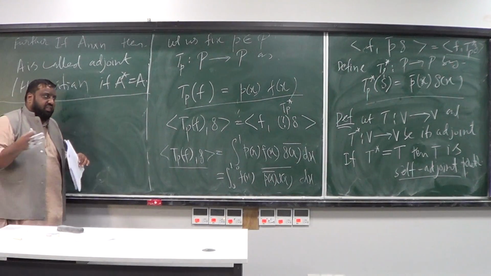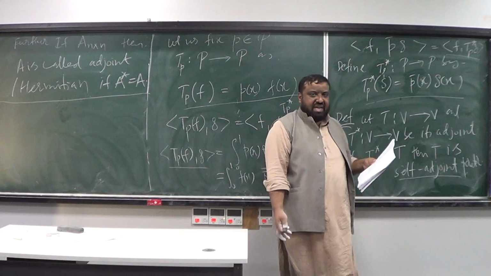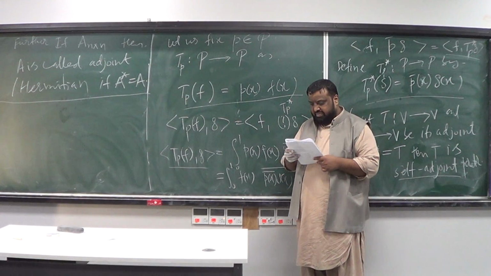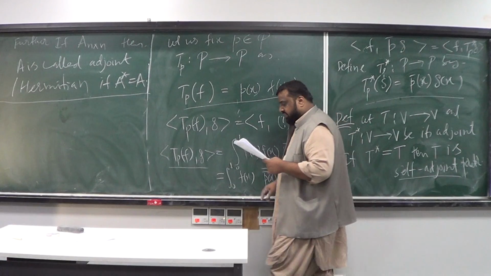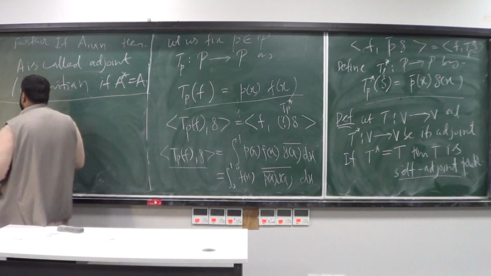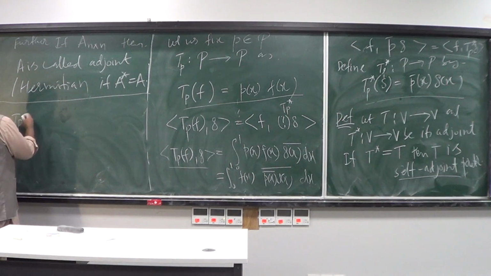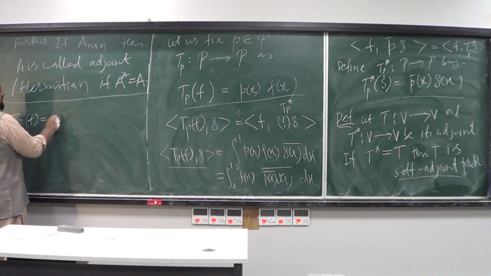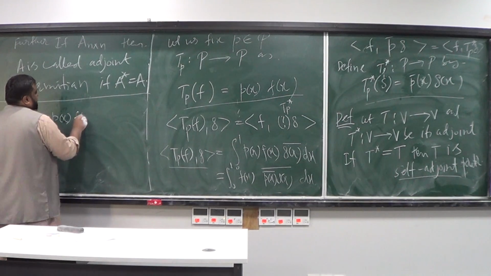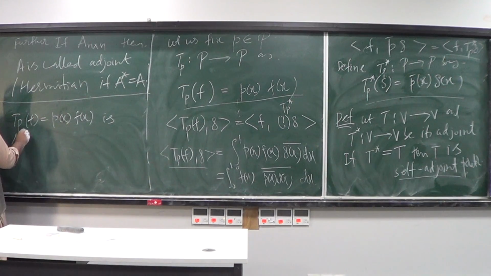For Hermitian matrices, we don't use the word self-adjoint matrices, we use the word Hermitian. For example, in this example, I can say that this Tp of f equal to p of x times f of x, this operator, is a self-adjoint operator.